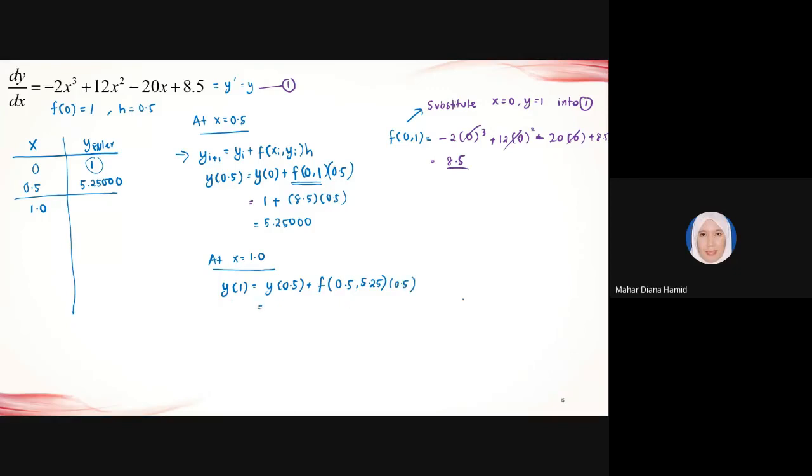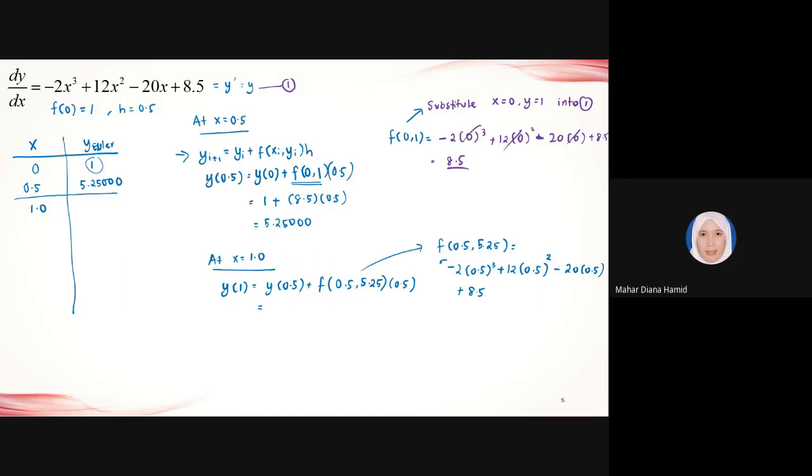So if we substitute into equation 1, we will get negative 2, 0.5 to the power of 3 plus 12, 0.5 to the power of 2, negative 20, 0.5, plus 8.5.